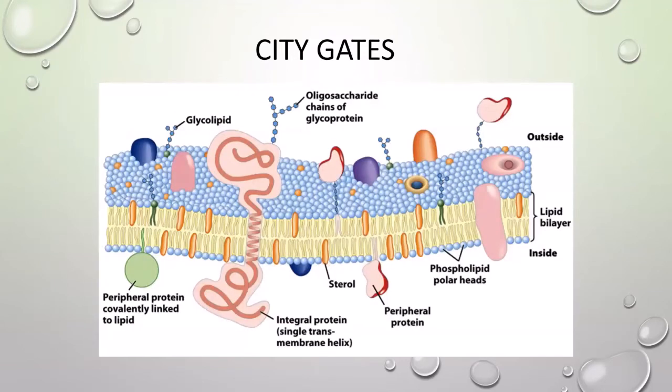So here's another cartoon of what the cell membrane would look like. And again, the hydrophilic part of the molecule, the hydrophobic part of the molecule right here. And then there are things that can go in and out, but most of the time it's very highly regulated.